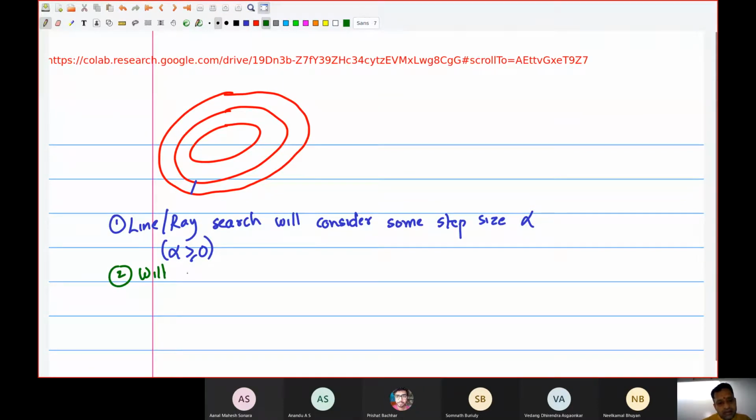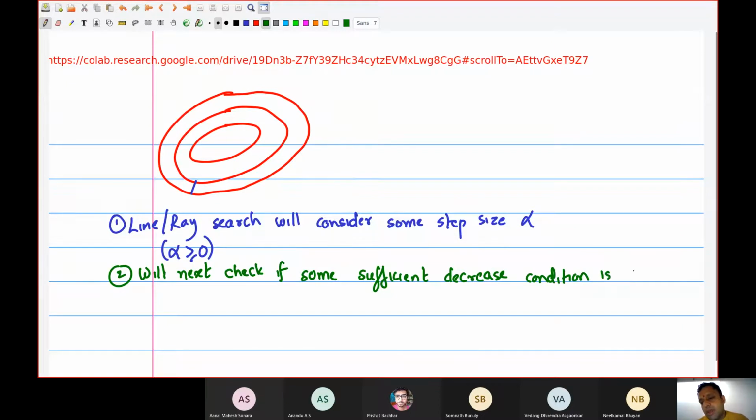So we'll then check if some sufficient decrease condition is met. So it's basically now going to probe into this point here. I'll now have to move back to the function space, because with level curve space you can't get an idea of the function's sufficient decrease.